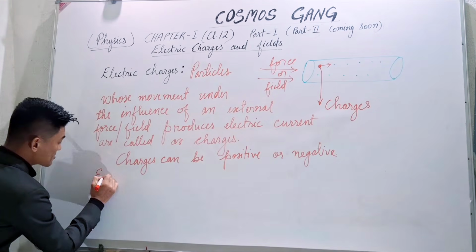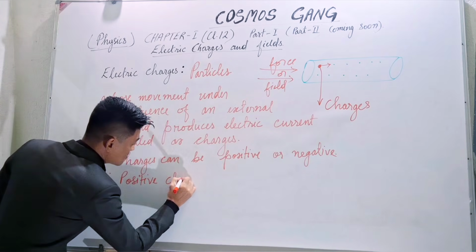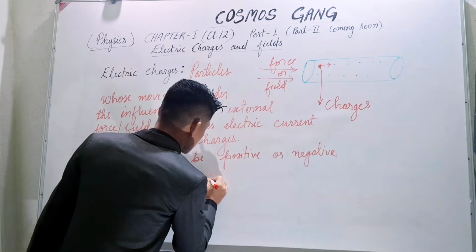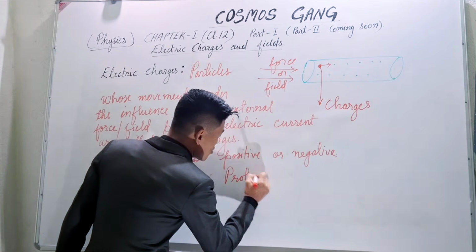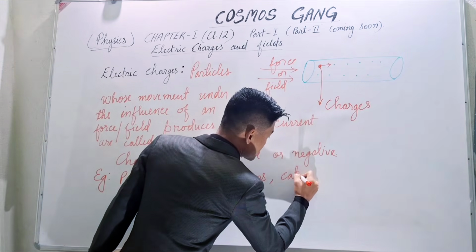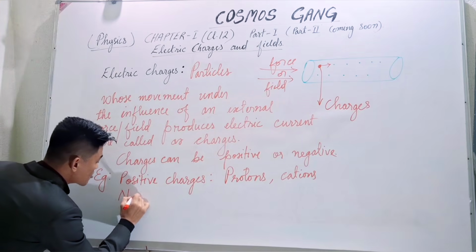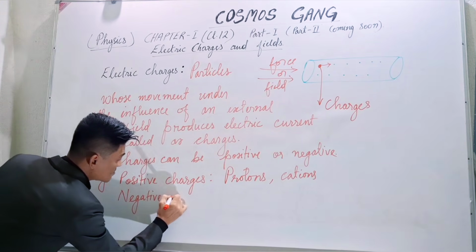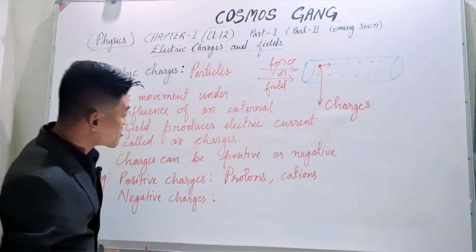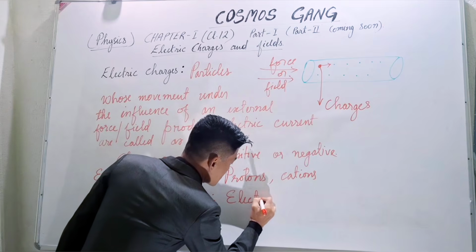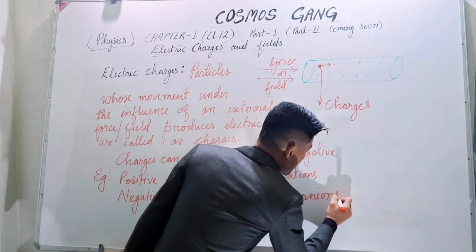Example of positive charges: protons, cations. Example of negative charges are electrons, anions.